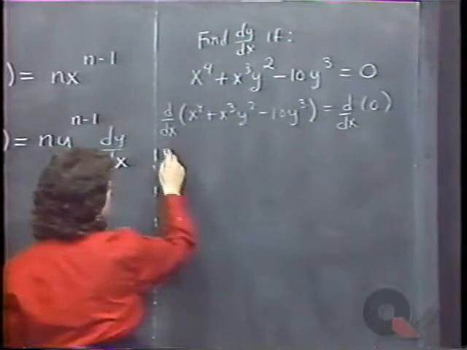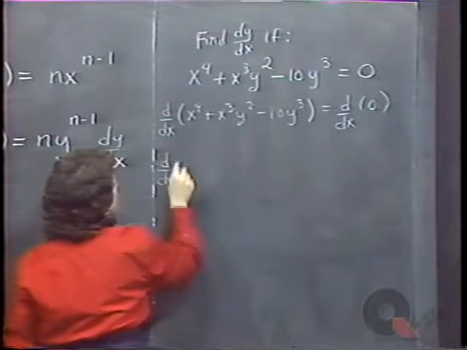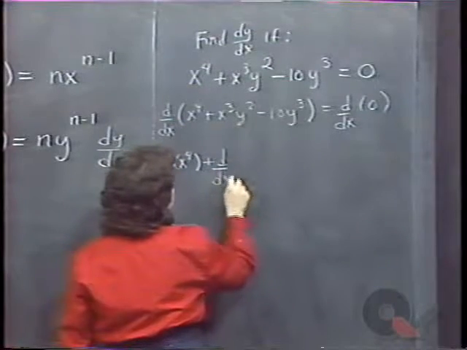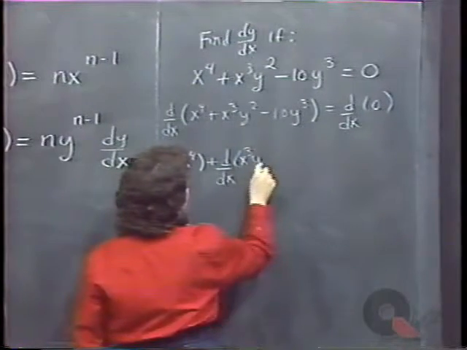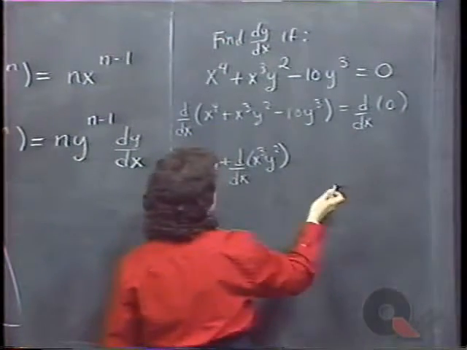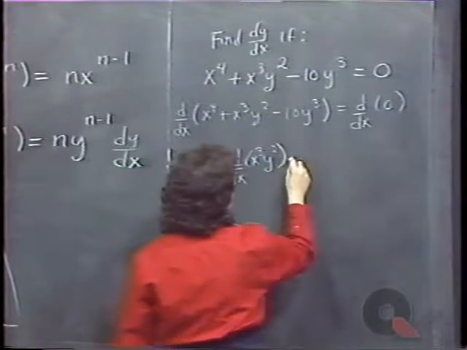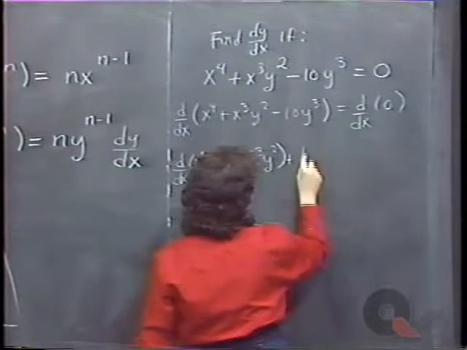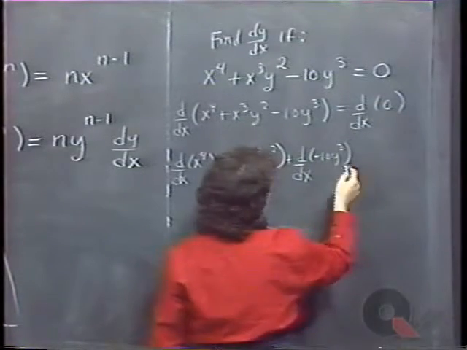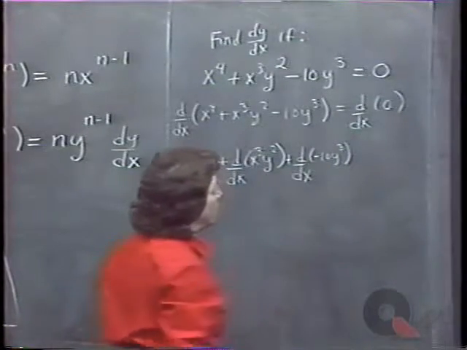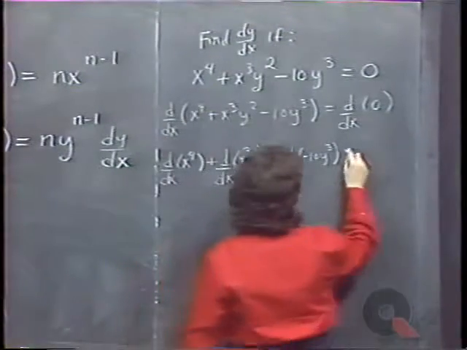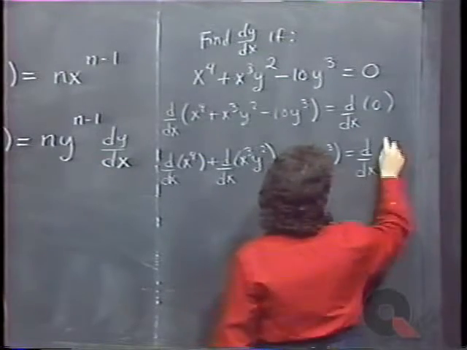So we will write this as the derivative of x to the fourth with respect to x plus the derivative of x cubed y squared with respect to x, plus the derivative of minus 10y cubed with respect to x, or we could have pulled the minus 10 out in front, because a constant can be pulled out in front of the derivative symbol, equals the derivative of 0.